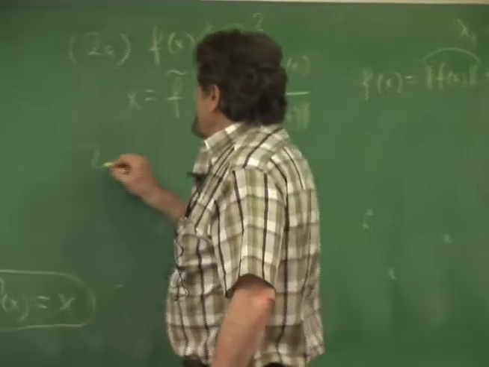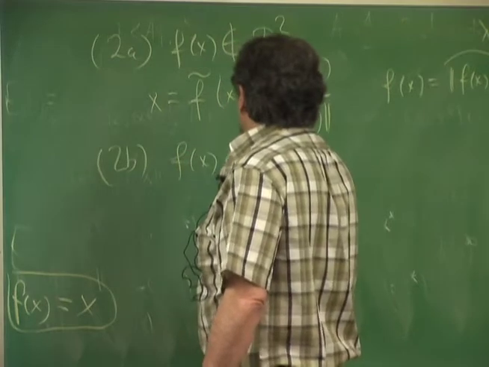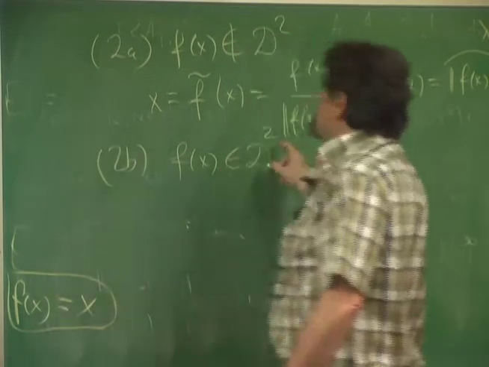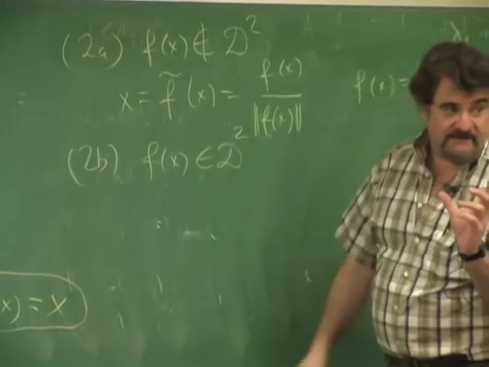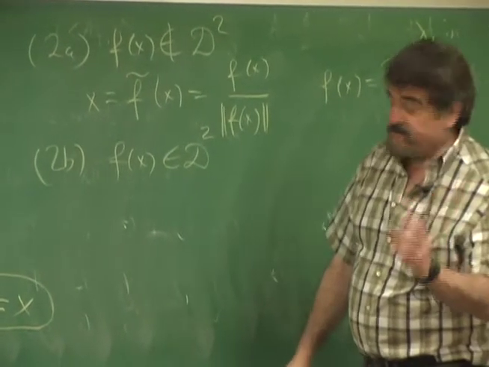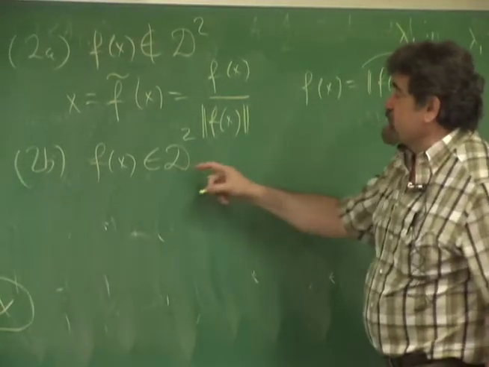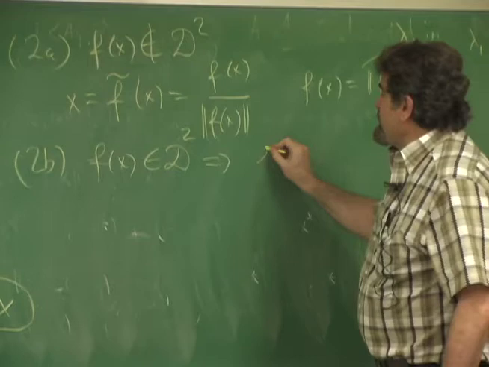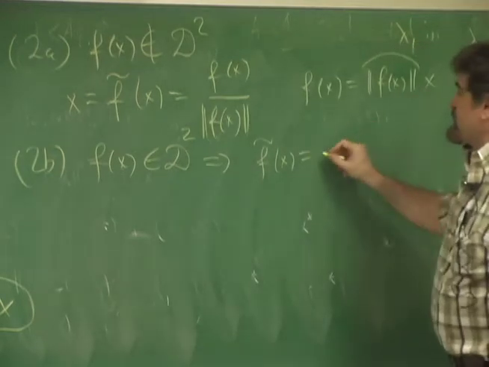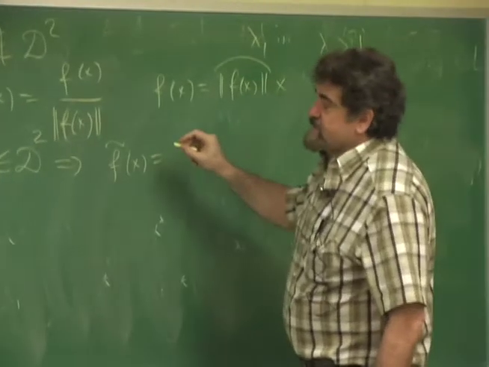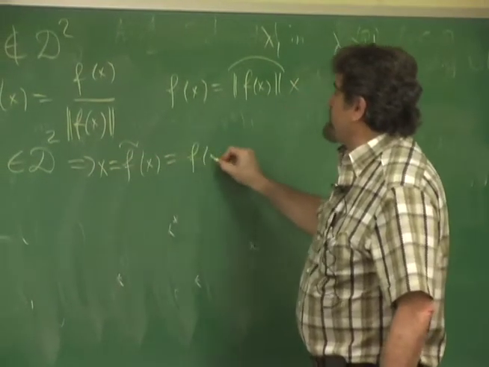The case 2b, f of x is still in D2. Actually, it is on S1 in this case. Then f tilde of x is f of x.